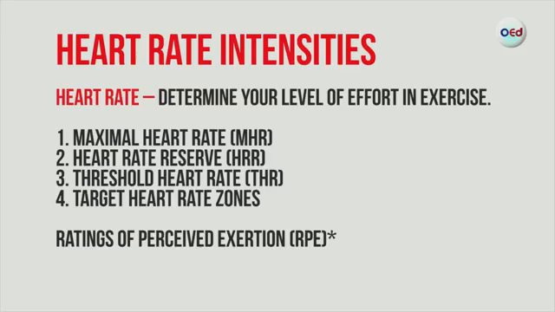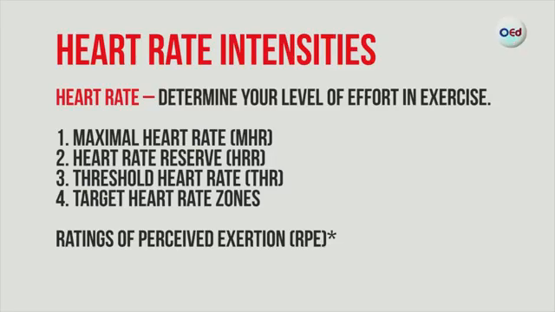These computations will give you the enough skill to determine your effort in physical activities so that your fitness journey will be maximized. Get your calculators ready, for you will learn how to compute for your maximal heart rate or MHR, your heart rate reserve or HRR, your threshold heart rate or THR, and you will determine your target heart rate zones.